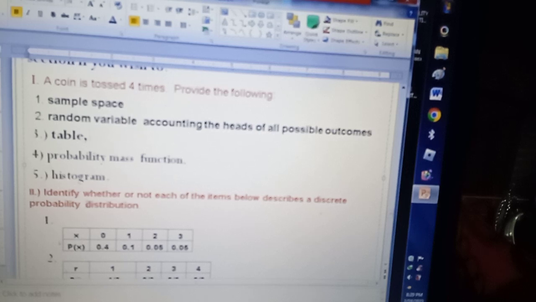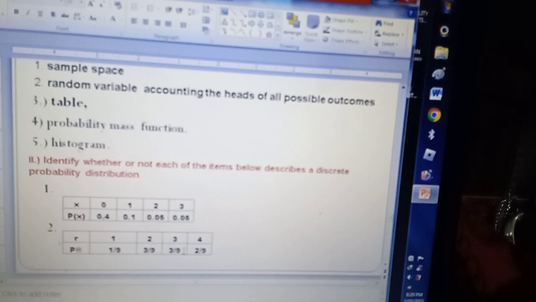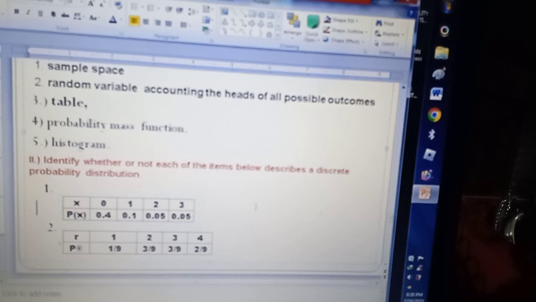Identify whether or not each of the items below describes a discrete probability distribution. So we have this table, P of X. I hope that you can read. And this is in number 2. It's quite unclear. I hope that you can read it. Okay, and this one, I hope that you can read also.